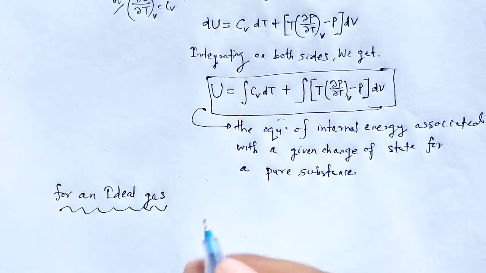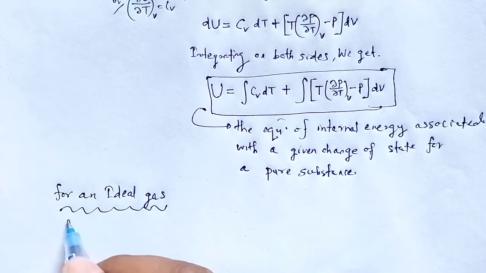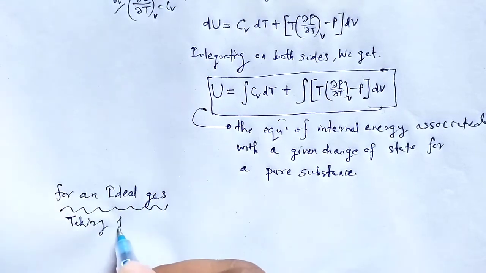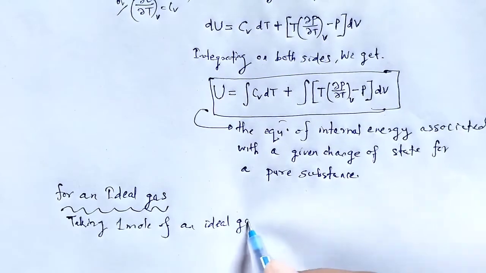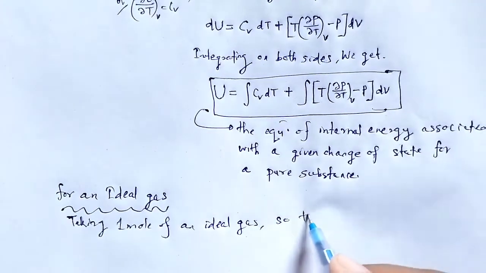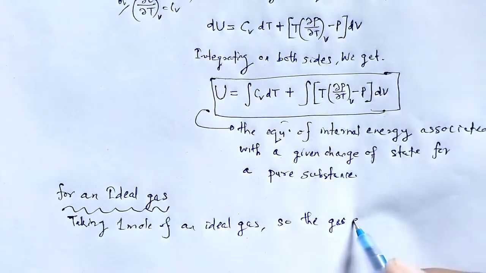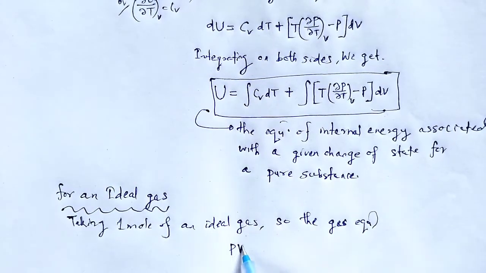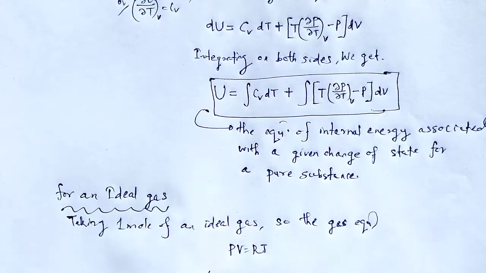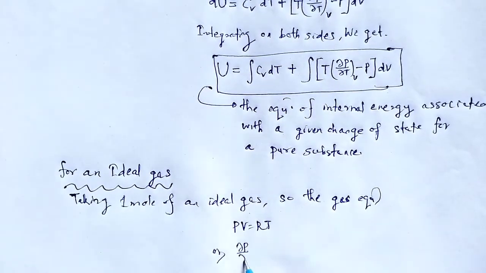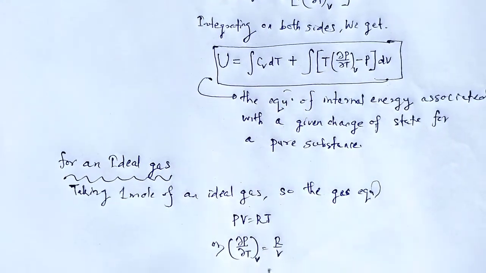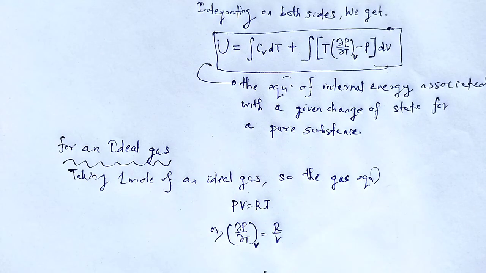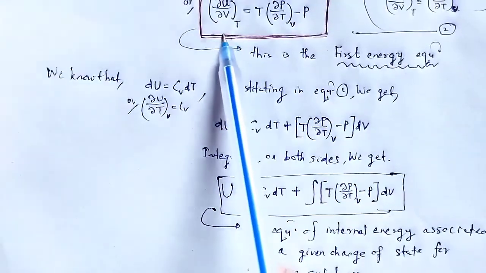Taking 1 mole of an ideal gas, the gas equation is PV is equal to RT, therefore (∂P/∂T) at constant volume is equal to R/V. By taking the temperature to be constant, the first energy equation is written like this.